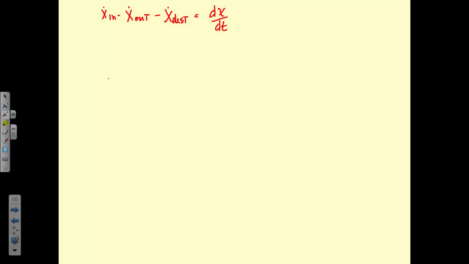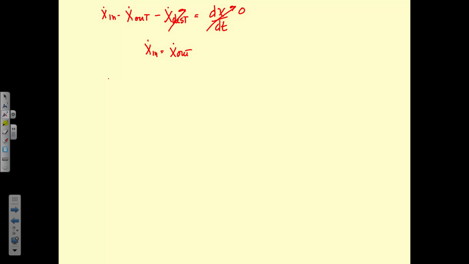And because it's a steady flow engineering device, this side of the equation goes to 0. Because we're looking at the best possible scenario, this part of the equation goes to 0 where there's not any exergy destruction. So we have X dot in is equal to X dot out.